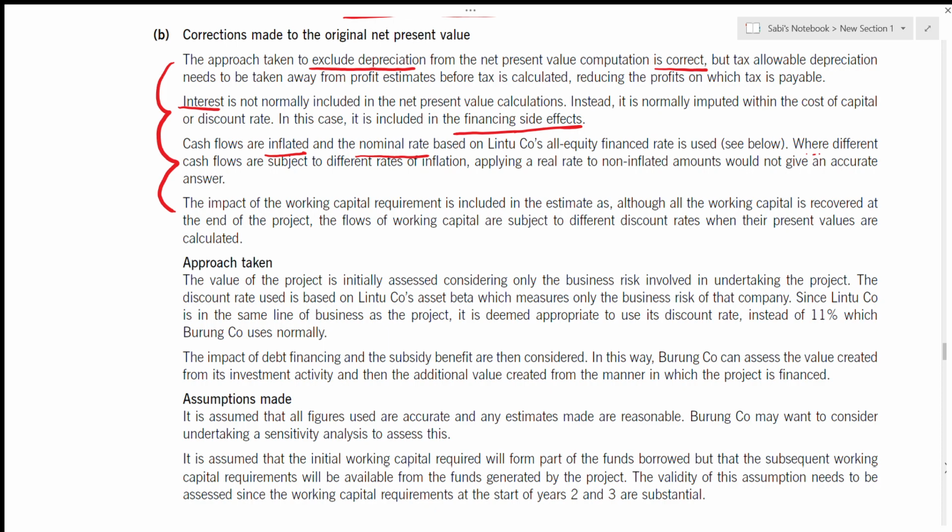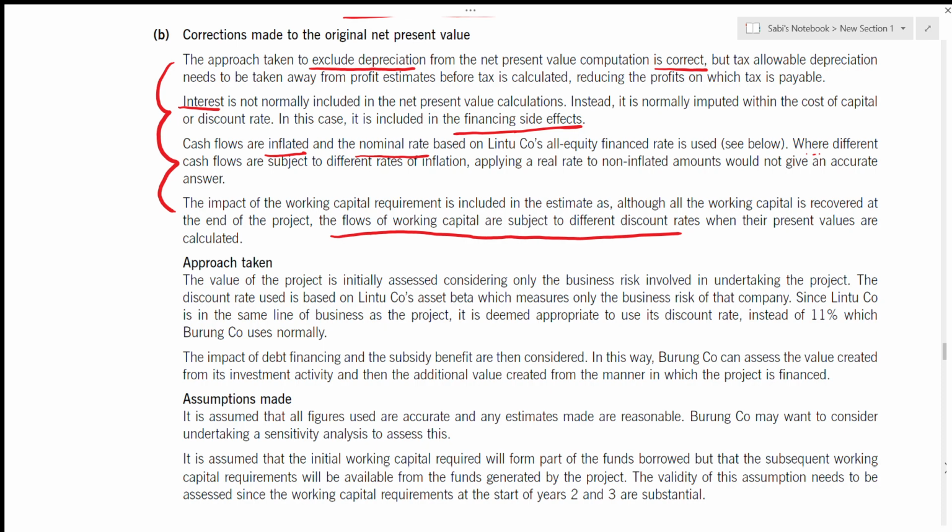So the impact of working capital requirement is included in the estimate, although all the working capital is recovered at the end of the project, and the flows of the working capital are subject to different discount rates. Many of you will be confused why it's different discount rates. Working capital is based on what? You're taking 20% of the anticipated sales, right? Sales are inflated at what percent? 8%.